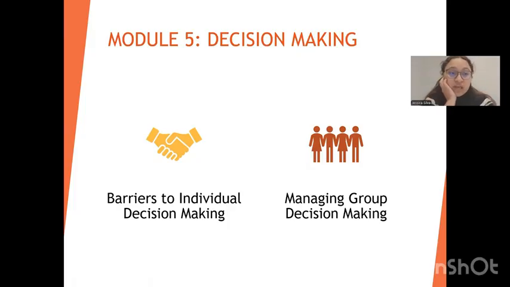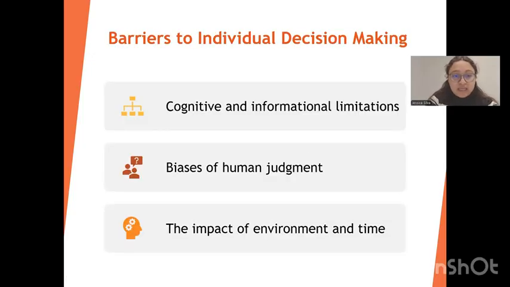First, we see individual decision making, where decisions are made alone, and the cognitive limitations of every person. The first obstacle is a barrier relating to the human mind.